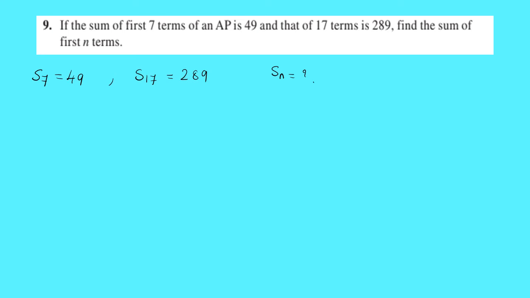For writing Sn, we want to find what is A and D. For getting A and D, the two things given are S7 and S17.